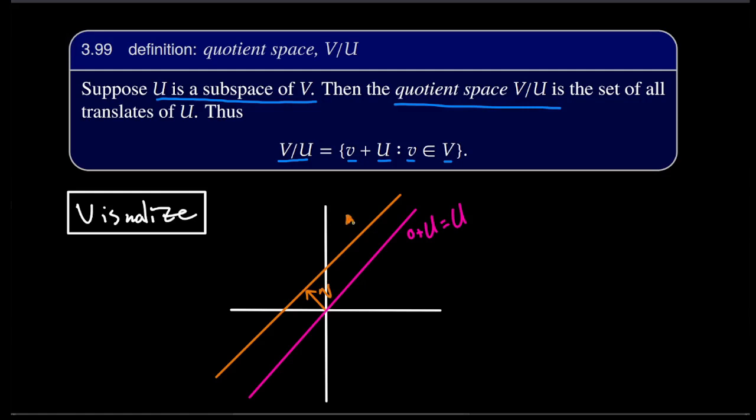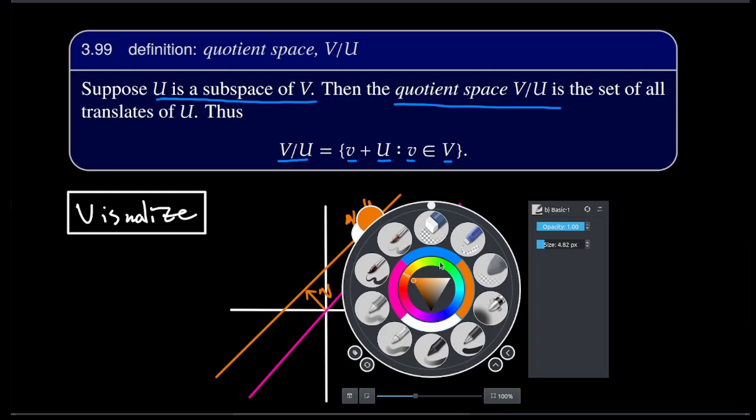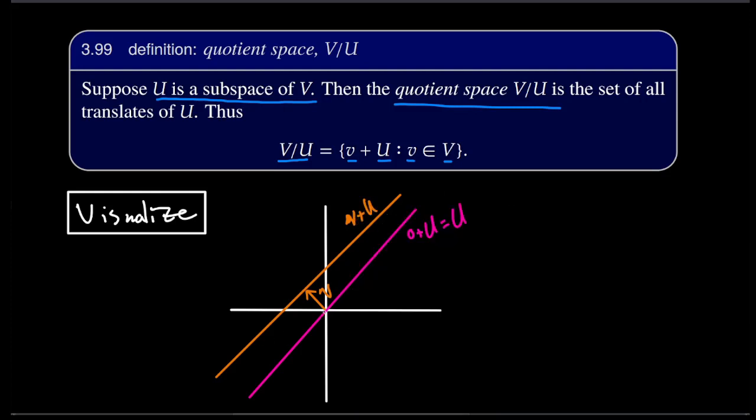This is little v plus U. Okay, but that's not the only vector that does it. I could also have taken a vector that points, say, over here, right? And then I would just move over like that. Oh, okay. So let's call this w. This is equal to w plus U. Oh, okay. So some different vectors give the same things.